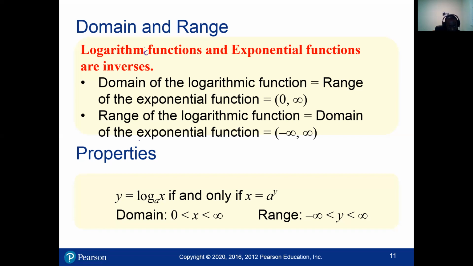So the domain of a logarithmic function equals the range of the exponential, which is greater than 0. And the range of the log function is the domain of the exponential, which is all real numbers.